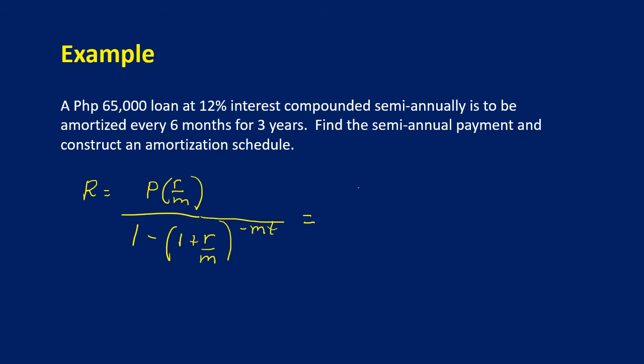So that's 65,000 times interest is 0.12 but compounded semi-annually, so over 2.